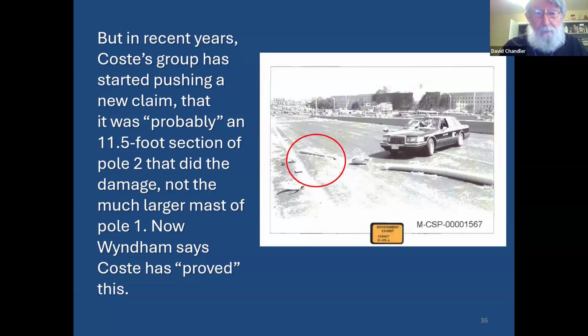What's it doing there? This appears to be about the right dimensions to be the piece from the second light pole, but how did it get transported 160 feet if it wasn't carried there by the cab and pulled out of the cab and set down on the ground? So the fact that that pole is there at all needs to be accounted for.